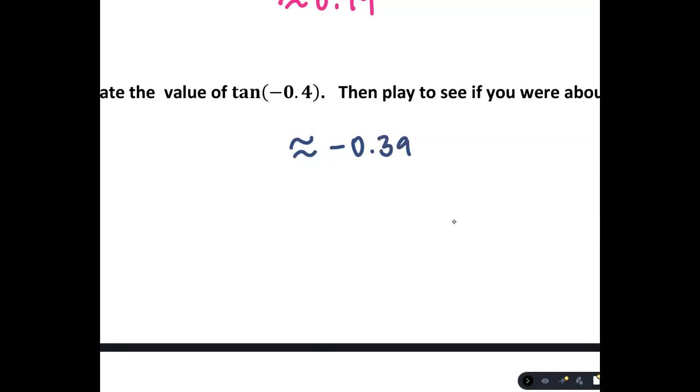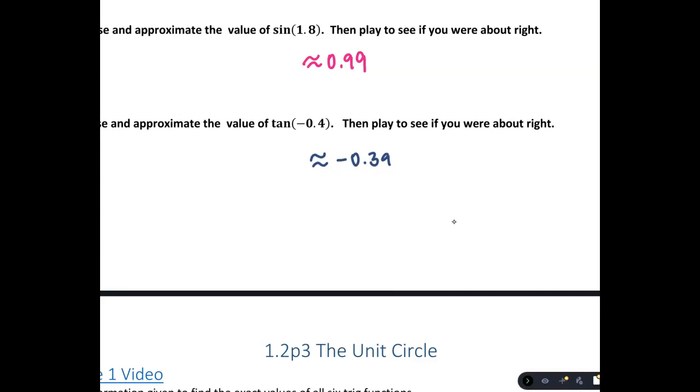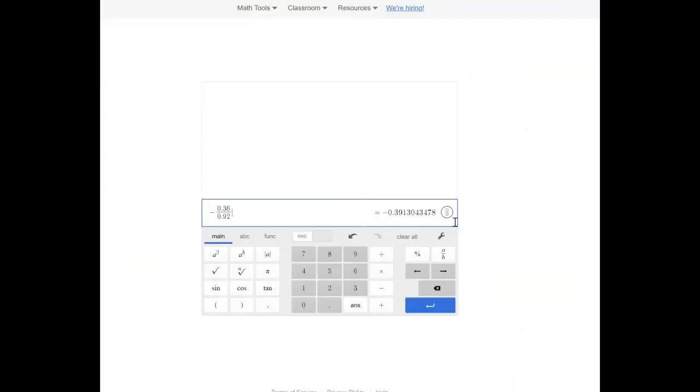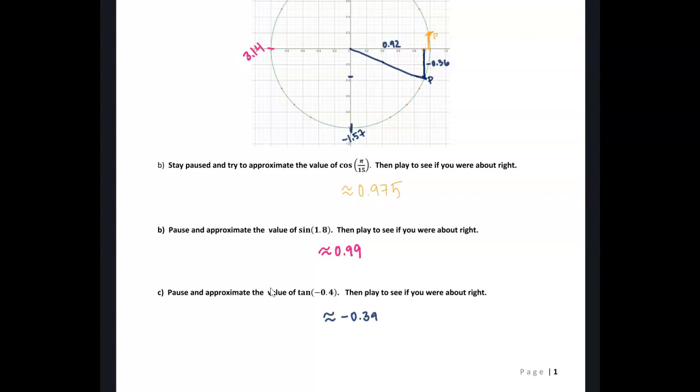Okay, and then let's check and see what the actual value is. There we go, my zoom wasn't working. So we want to know what is the tangent of negative 0.4, and I got about negative 0.42. So again, not too far off: negative 0.39, negative 0.42.